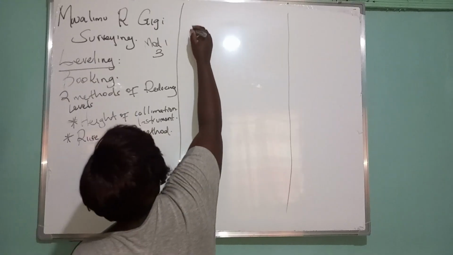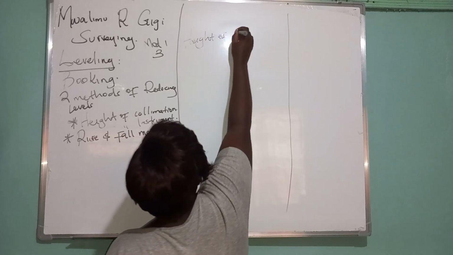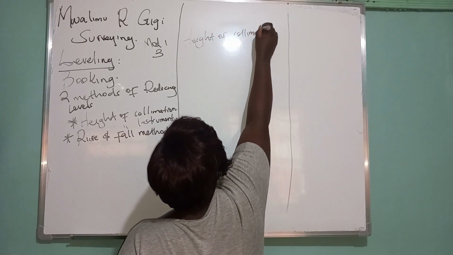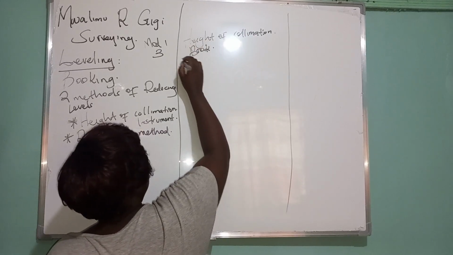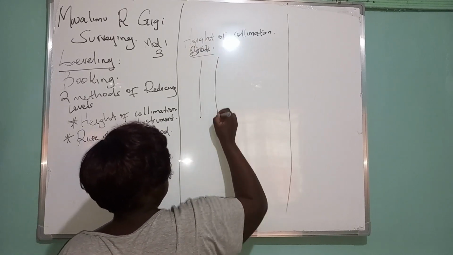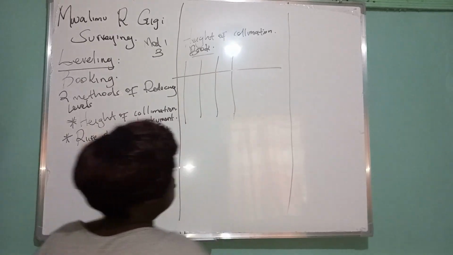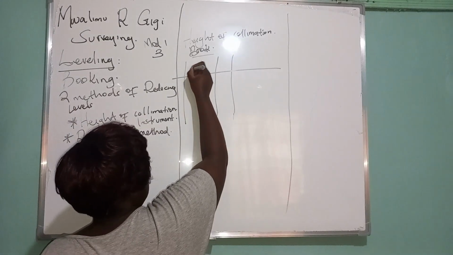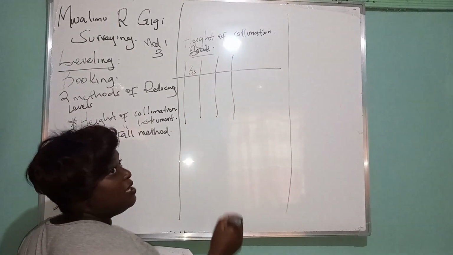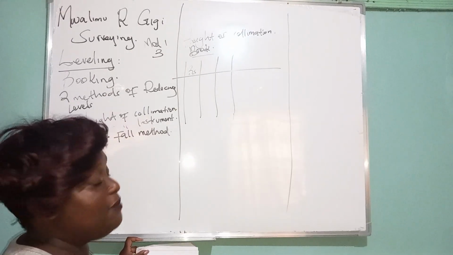So we are going to book, first, using the height of collimation method. When you book, you have to have five main columns. The first one is the backsight, which is the first reading after setting the machine.